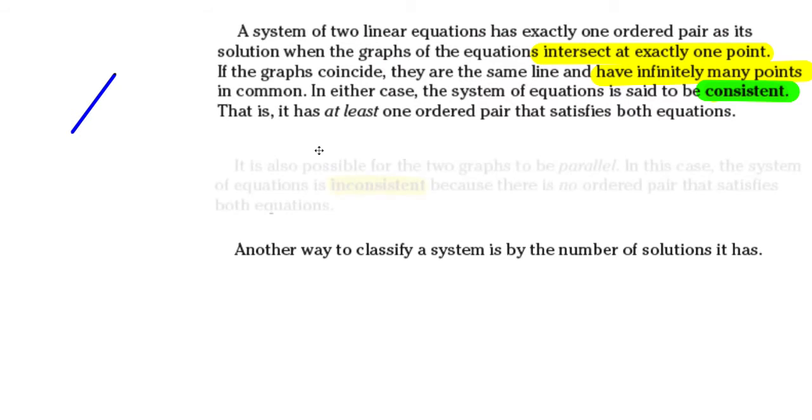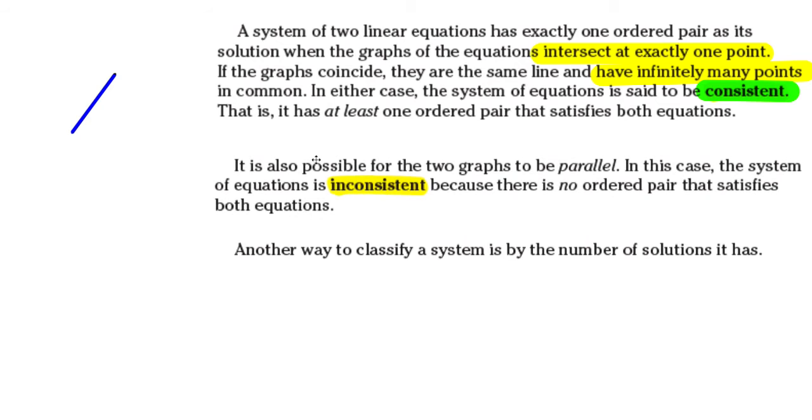It is also possible for two graphs to be parallel to each other. In this case, the system of equations is inconsistent because there is no ordered pair that satisfies both equations. Remember, when two lines are parallel, they will never intersect.